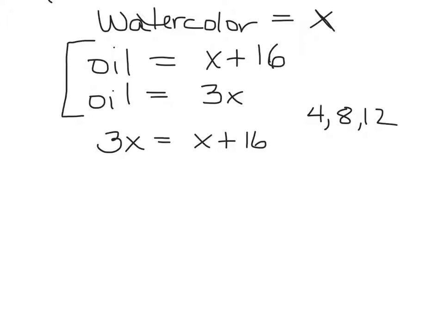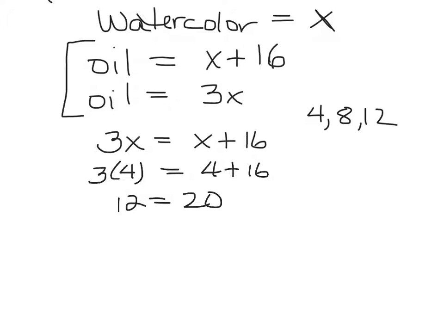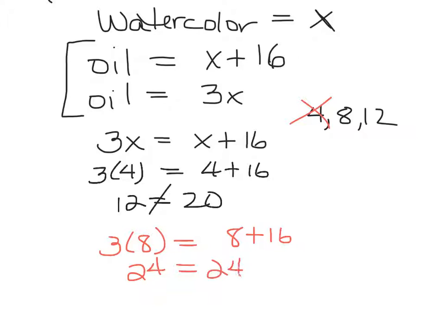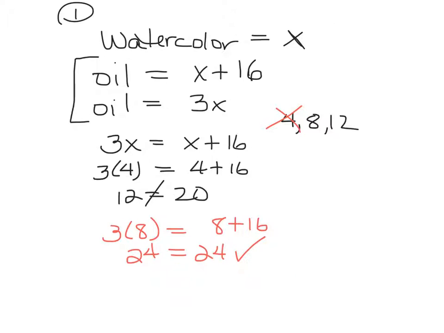When I first try 4 and replace it, notice I get 12 equals 20. That one does not work, so that's out. Then I'll try the 8. 3 times 8 equals 8 plus 16. Notice this one does work.